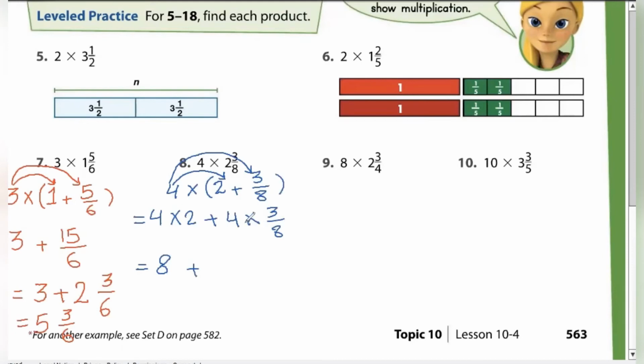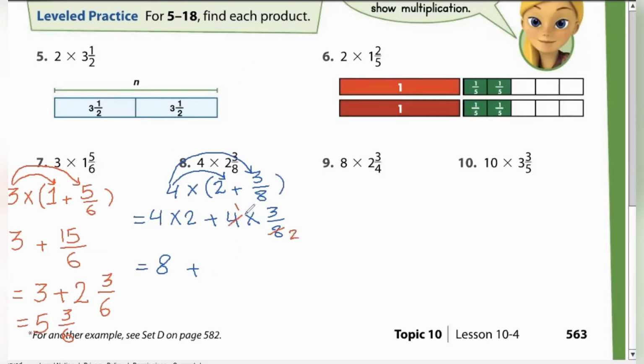We said before that I can simplify one numerator with one denominator. Here, 4 and 8 have a common factor, which is 4. Divided by 4 equals 1, and divided by 4 equals 2.